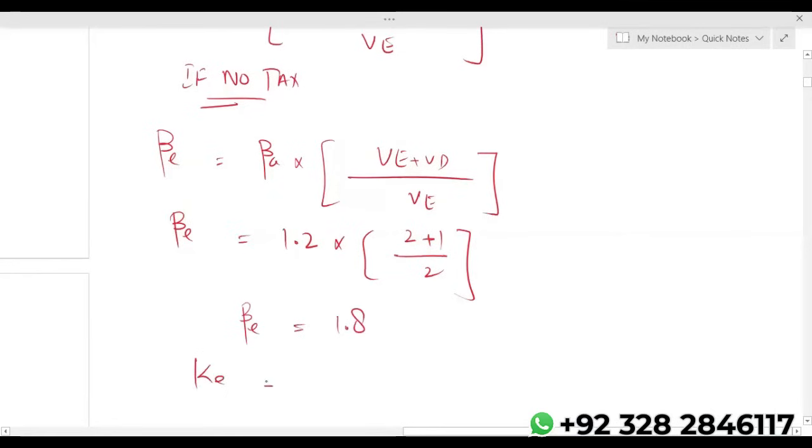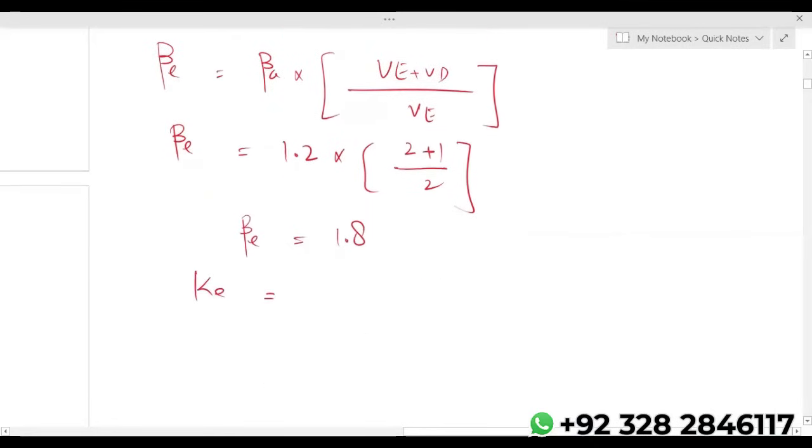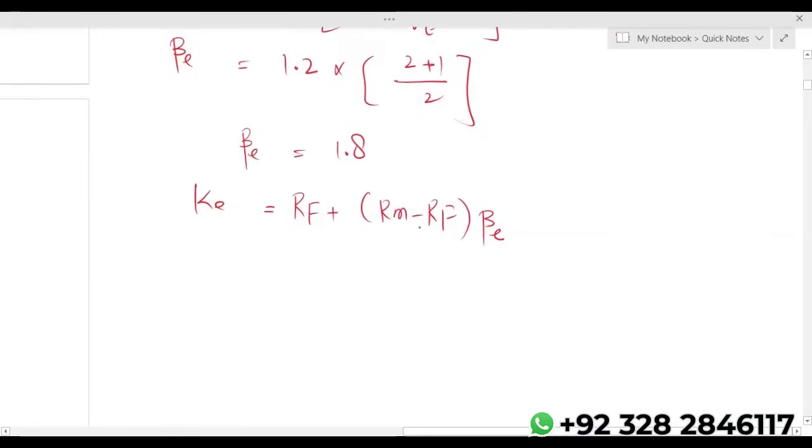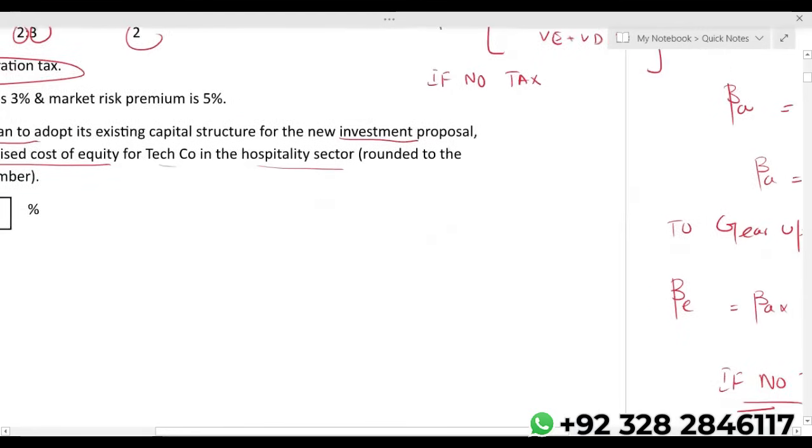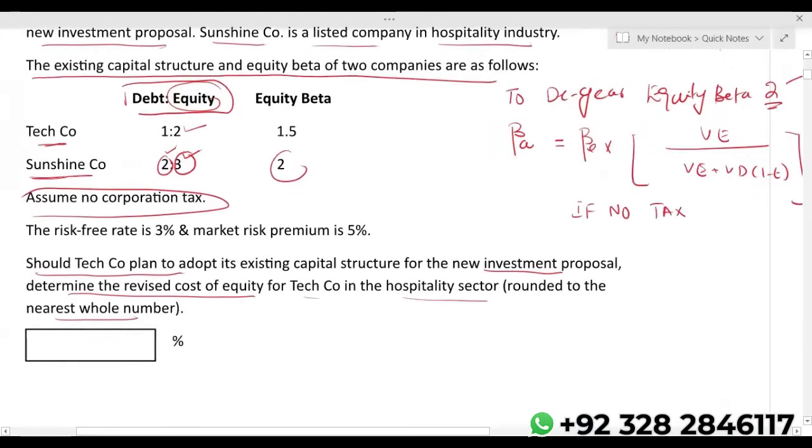Now by using CAPM, very easily we can calculate KE. KE is equal to RF plus (RM minus RF) times equity beta. Logically, RM minus RF is your equity risk premium. Now see the question. Risk-free rate is 3%.